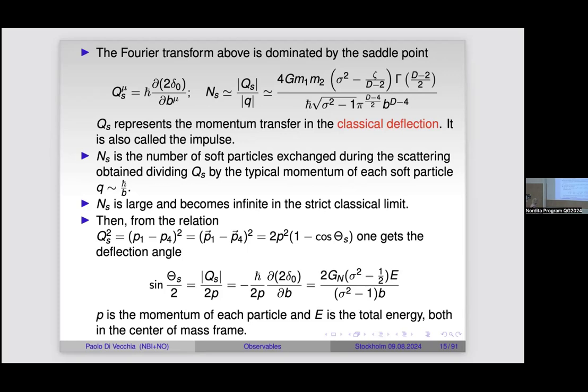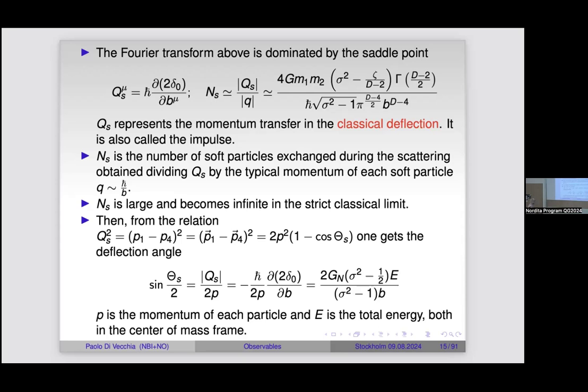Now, if you take the ratio between this Q_s and the typical momentum of each soft particle, you get the average number of graviton exchanges in the classical limit.